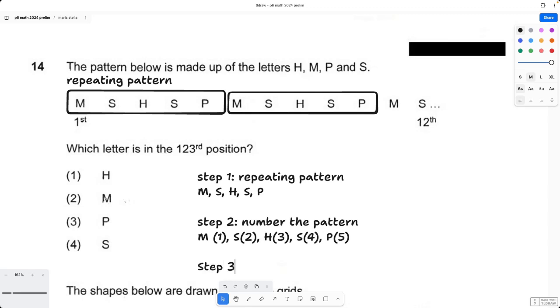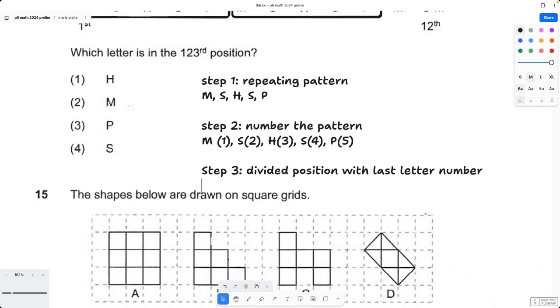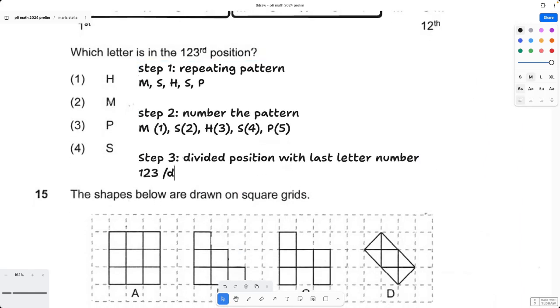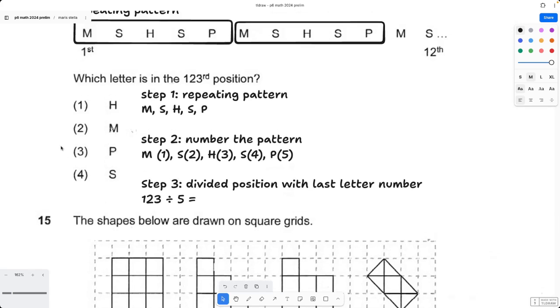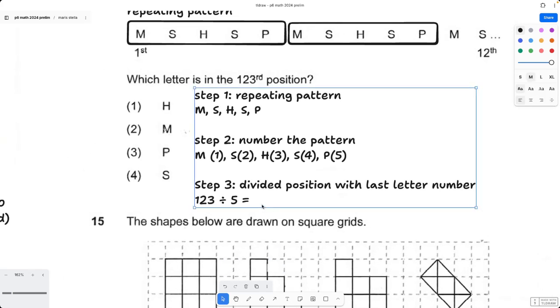Step 3, divide position with last letter number, which in this case is 1, 2, 3, and then we divide it by 5. Which is basically 1, 2, 3 divided by 5.